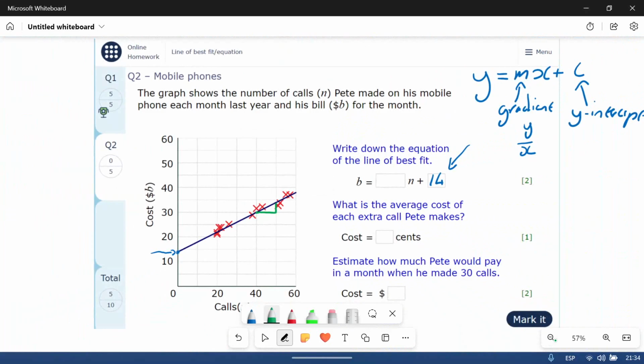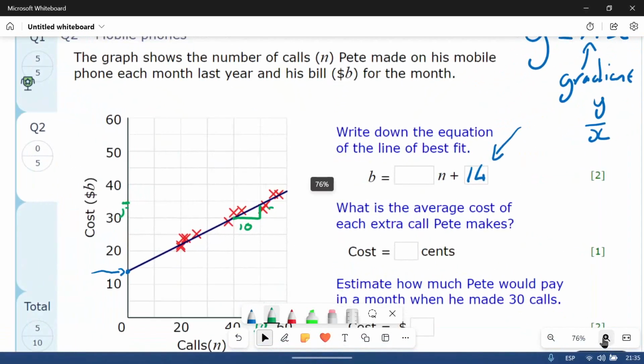One rectangle here will be, if that is 50, 10 wide. And going up, one vertical square is, that's 30, that's 40, that's 5.